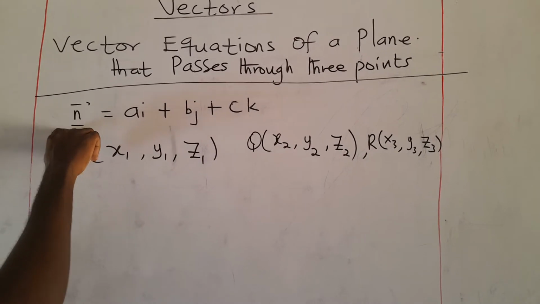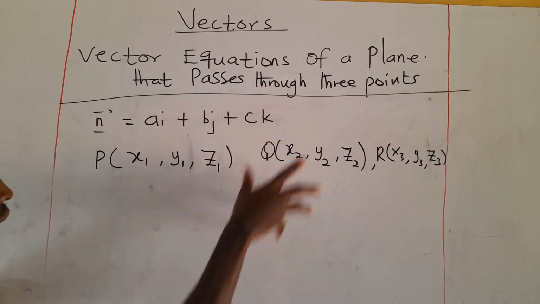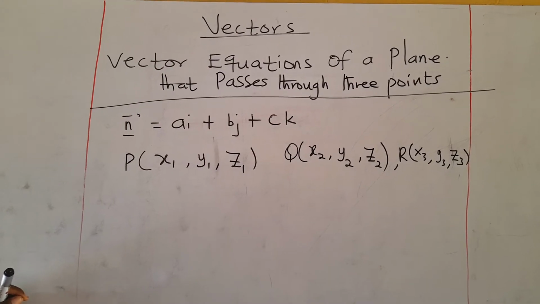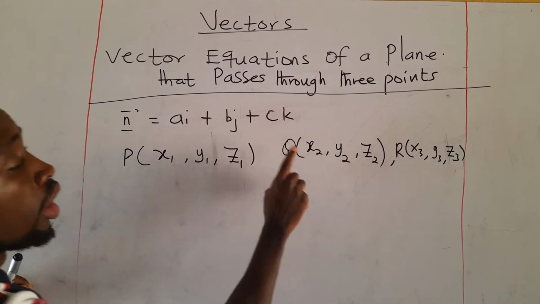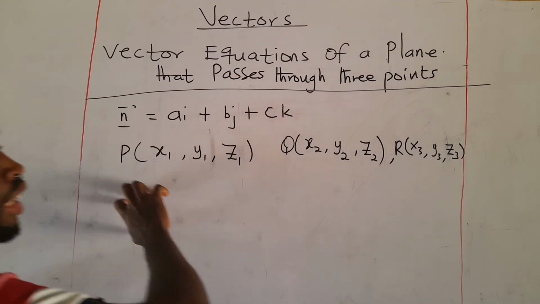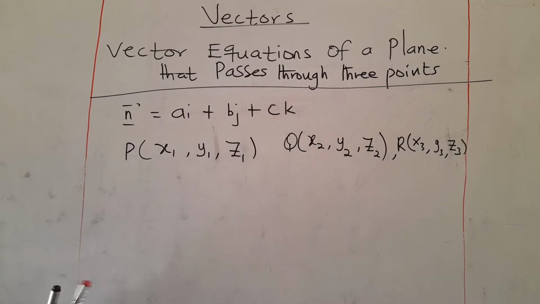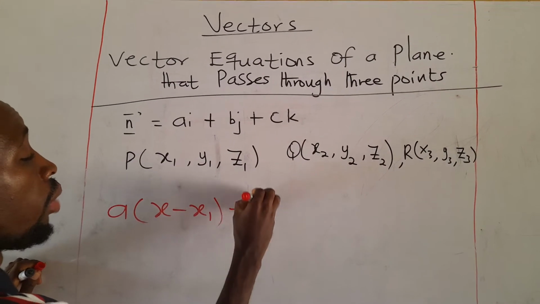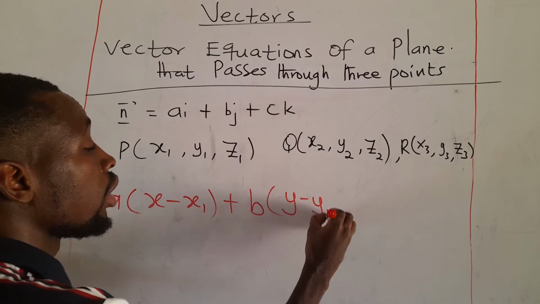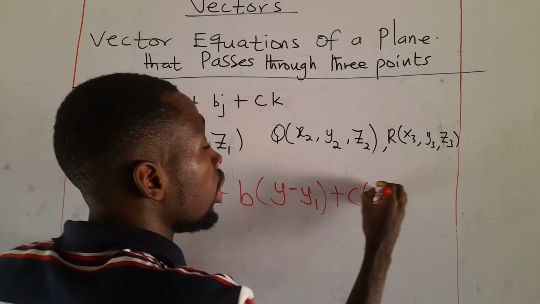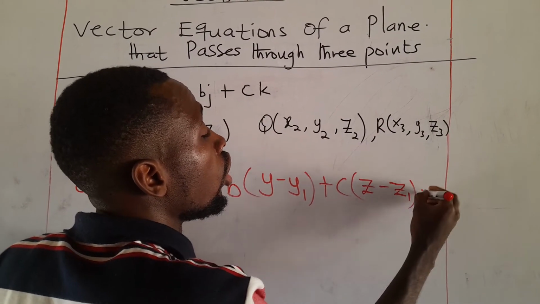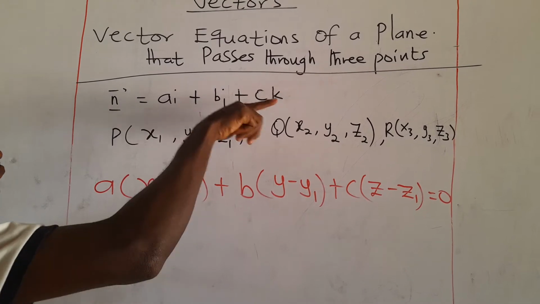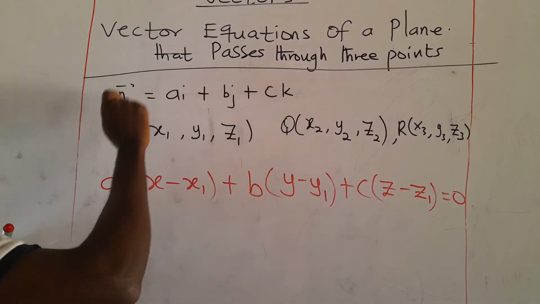When we know the normal vector n to be ai plus bj plus ck, where i, j, and k are the unit vectors, and a, b, c are constants, and the plane passes through these 3 points P, Q, and R, then after we find the normal vector, the equation of the plane will be given as a bracket x minus x1 plus b bracket y minus y1 plus c bracket z minus z1 all equal to 0, where a, b, and c are the coefficients of the unit vectors of the normal vector.